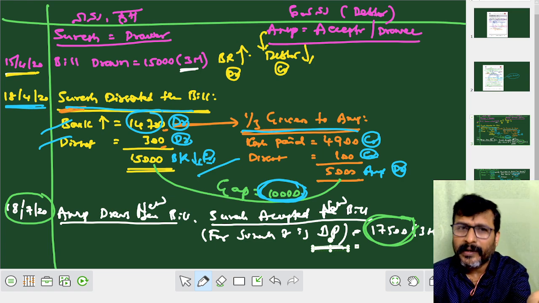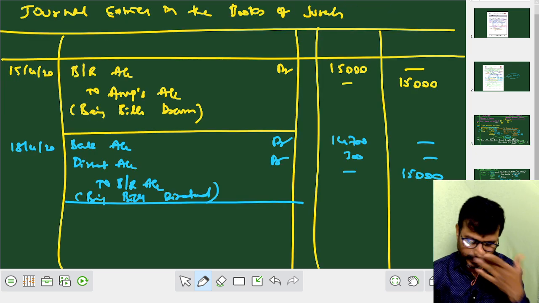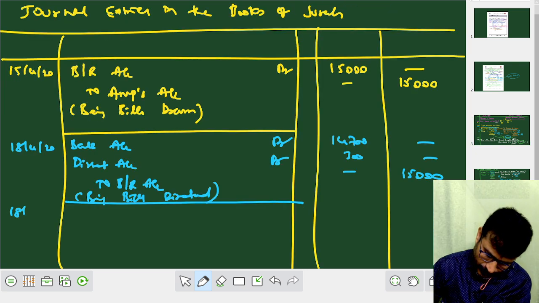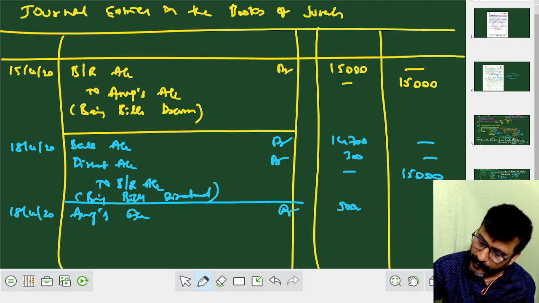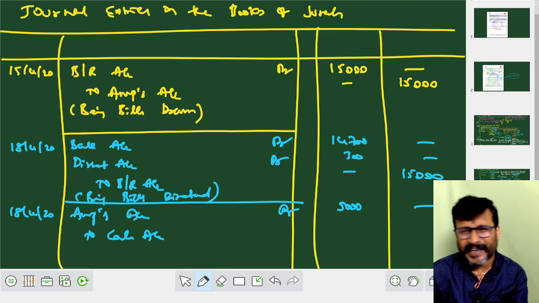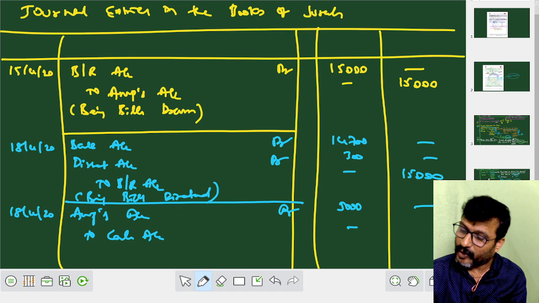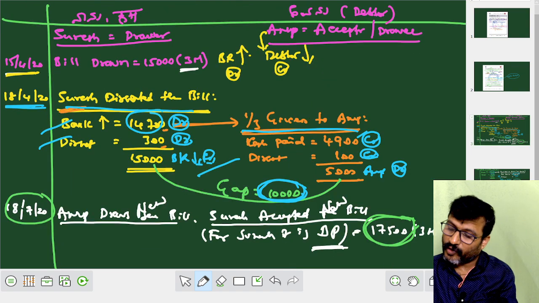Anup's account debit to cash account to discount account. What's the date? Same date. Anup's account debit 5000 dash. I preferably use cash rather than bank. It is how much? Cash is 4900.